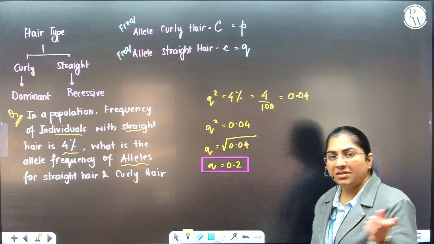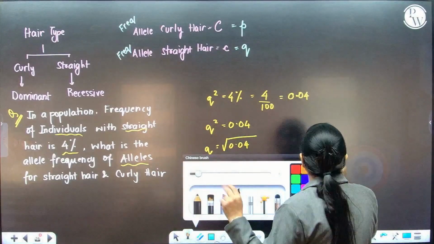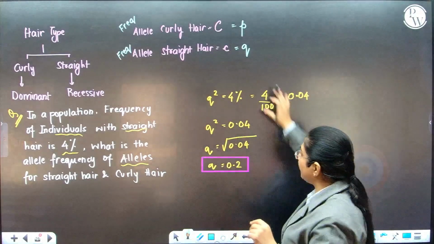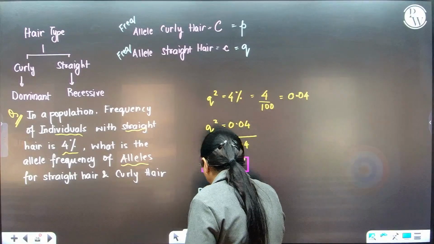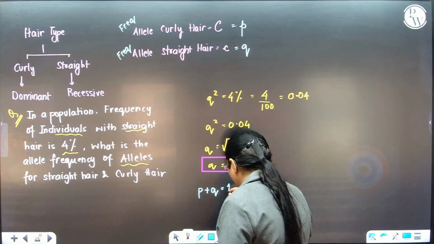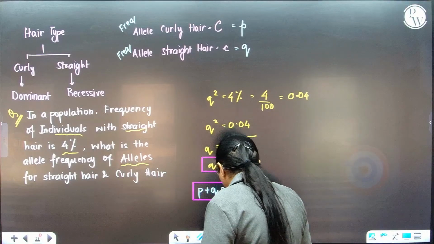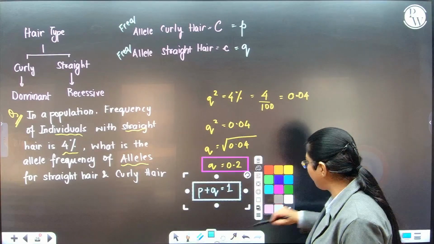Right. Now in the Hardy-Weinberg equilibrium, Hardy and Weinberg themselves have helped us understand that the sum total of all alleles, that is p plus q, is 1. So if p plus q is 1, we have q. What will be our p?